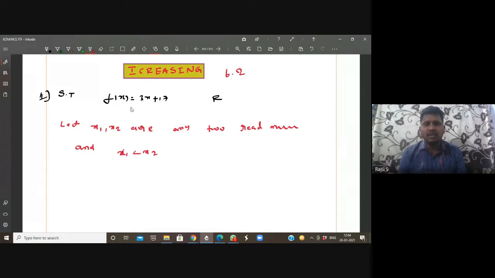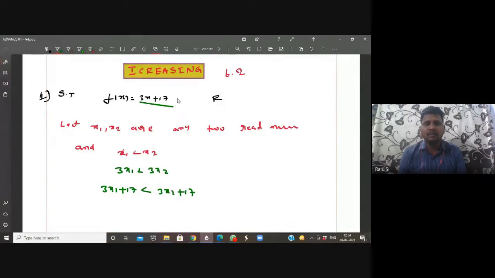So what shall we do here? We can make them to standard form like 3x plus 17. So multiply first with 3: 3x1 lesser than 3x2. Then adding 17 on both sides: 3x1 plus 17 lesser than 3x2 plus 17.